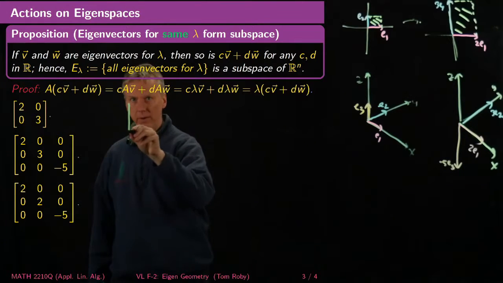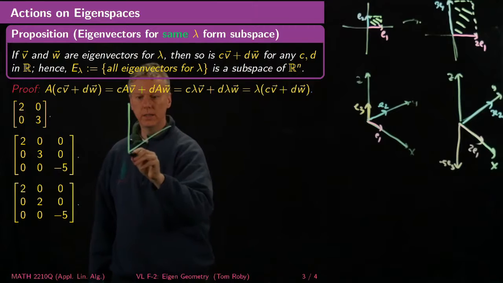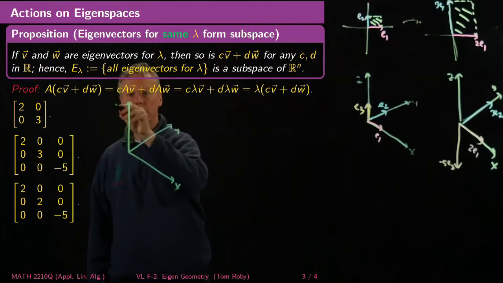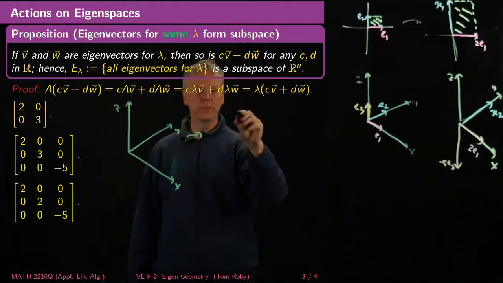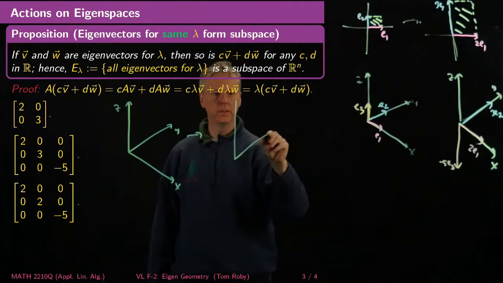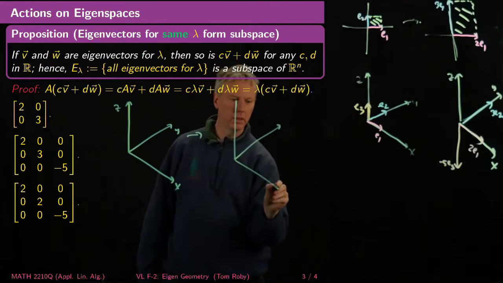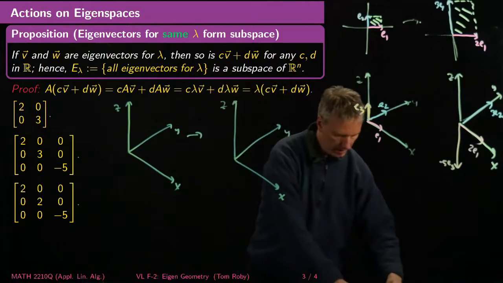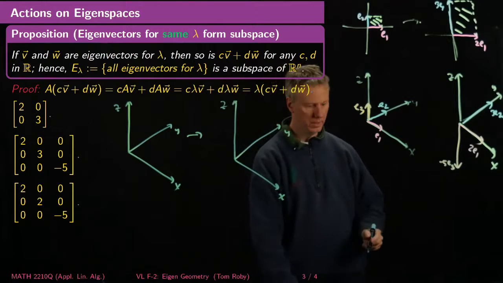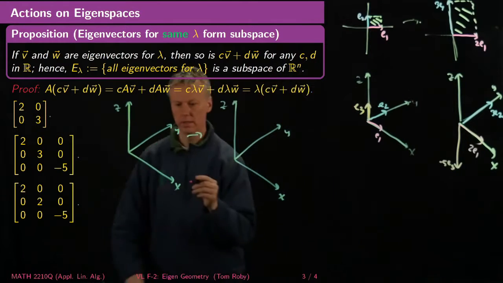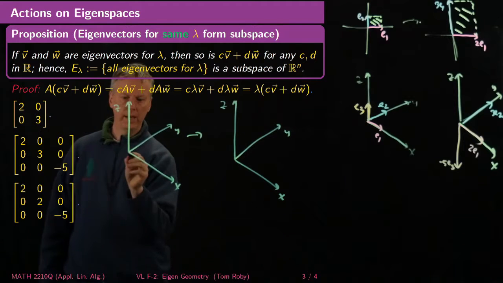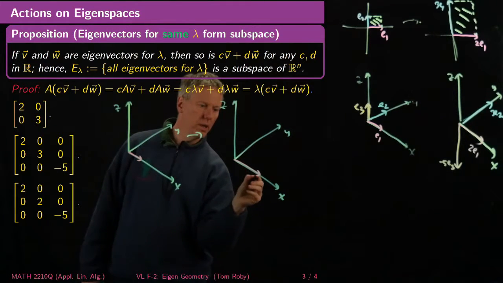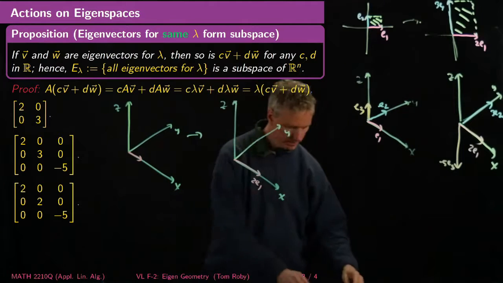So now I've got x, y, z maps to x, y, z. And now E1 and E2 both just get stretched by a factor of 2.